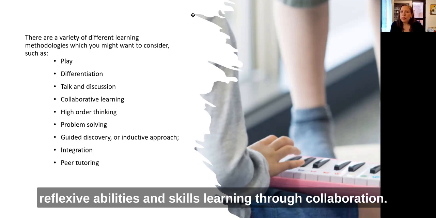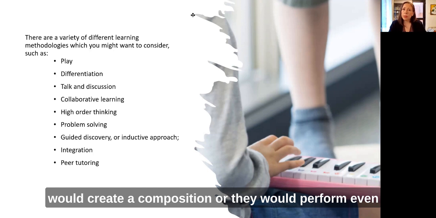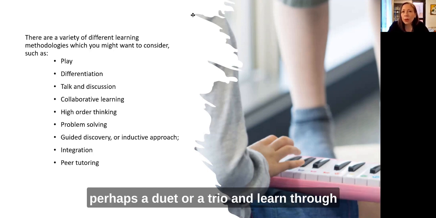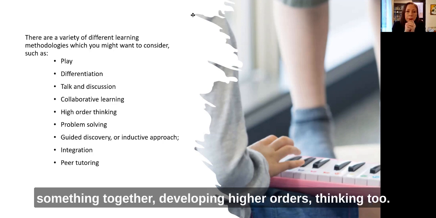Learning through collaboration, so you can put them in groups where they would create a composition, or they would perform even perhaps a duet or a trio, and learn through this collaborative process of creating something together or putting something together. Developing higher order thinking too.